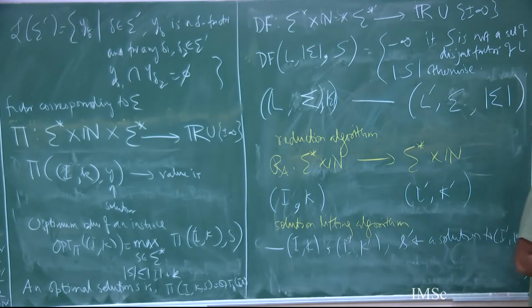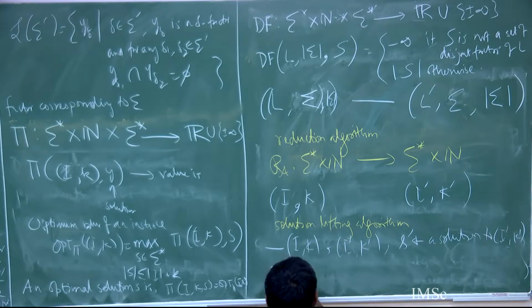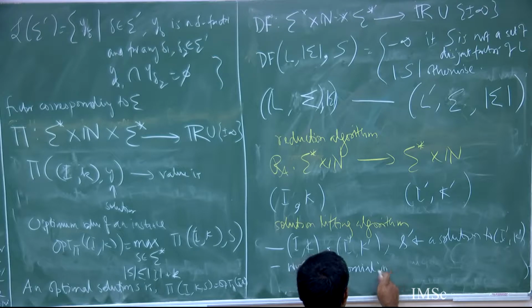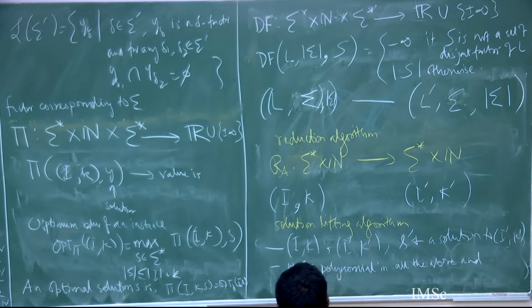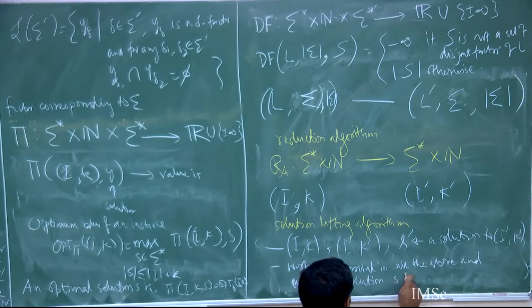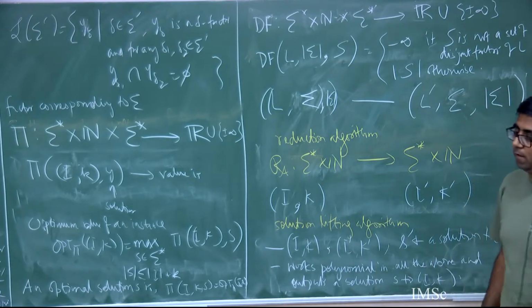It returns you a solution to (I, k), works in polynomial time in all the above, and outputs a solution S to (I, k). This is what it does.